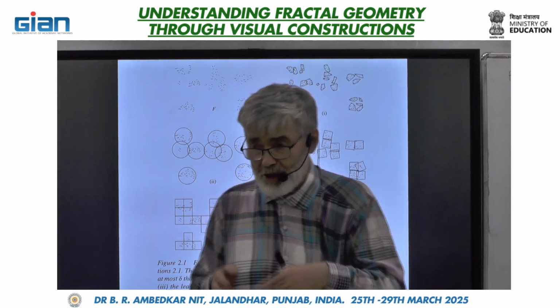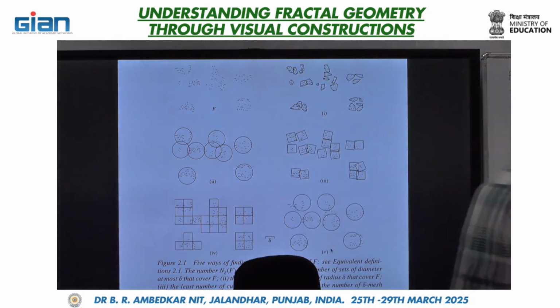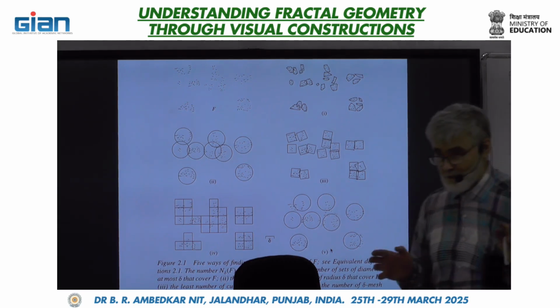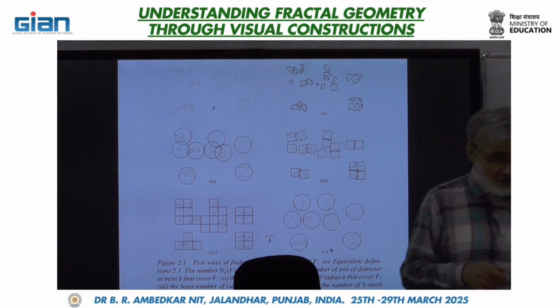If we take a countable union, then we need to have such a formula: the dimension of the union of A_n equals the supremum of the dimension of A_n. So a good mathematical dimension needs to obey this law, and box dimension doesn't obey this law, so it is not very good, but it is convenient.